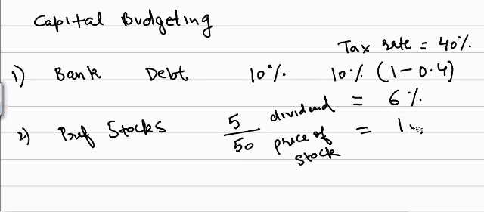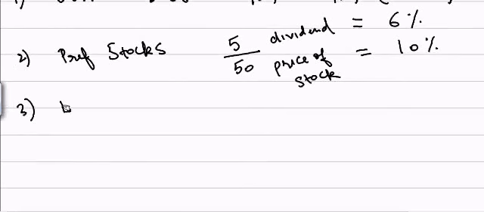The third way to generate money is through equity. So what is equity? Equity is the investment by the owner. Suppose you are the owner of the company and you want to start a project, and you are not able to raise money from somewhere else, or you have money to invest in the company, so you can put in your own capital, and that will be considered equity.